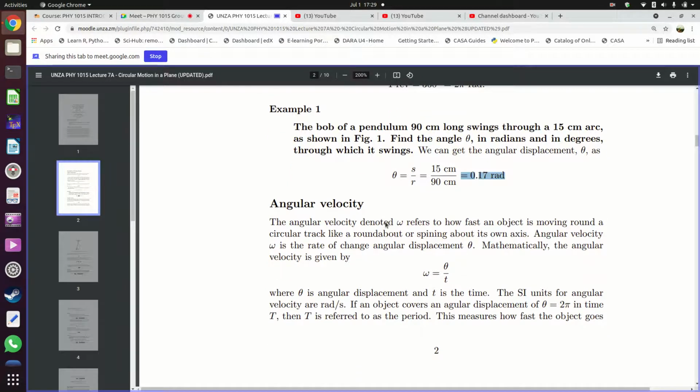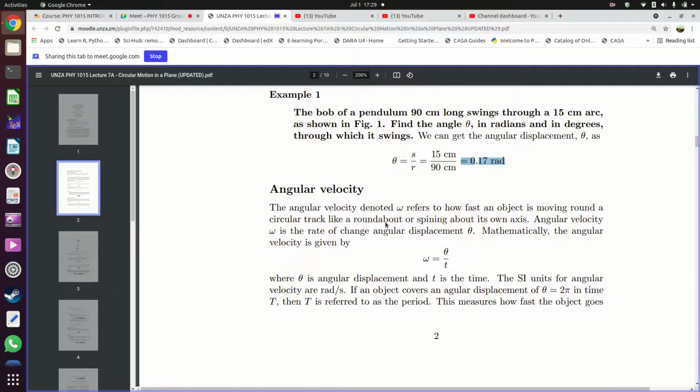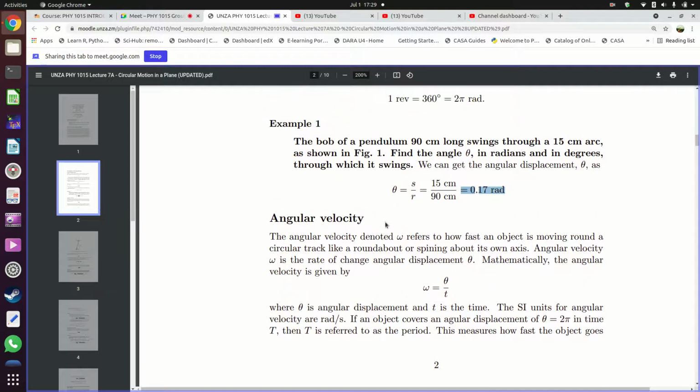So that's how we describe angular distance or angular displacement. So distance in terms of angles. Now, if we have a way of defining distance in terms of angles, sometimes we see the sun. The sun rises in the morning in the east, it goes around the sky and it sets in the west.